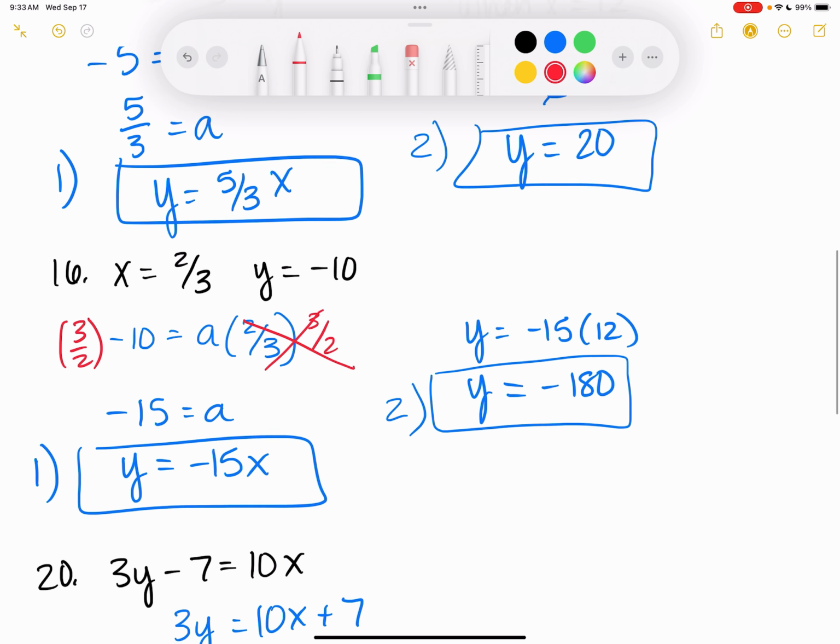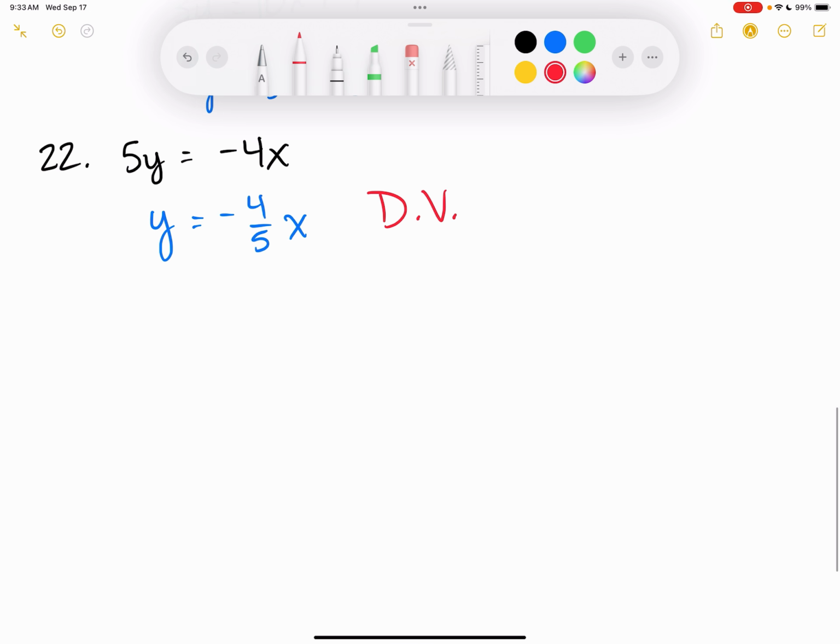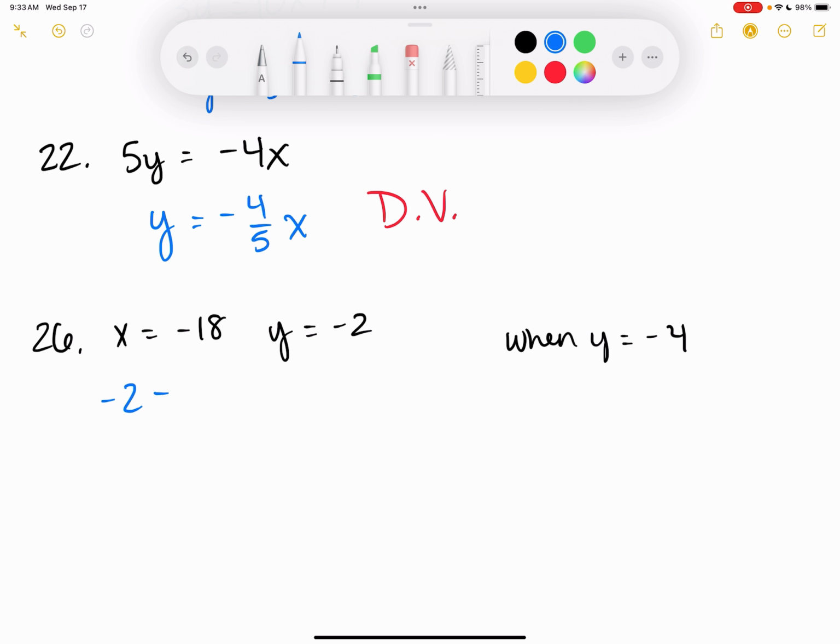26. X equals -18, y equals -2, and then we'll be finding x when y equals -4. All right, so -2 equals a times -18. So what is a? 1/9.